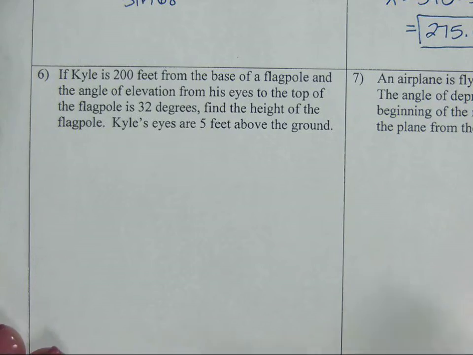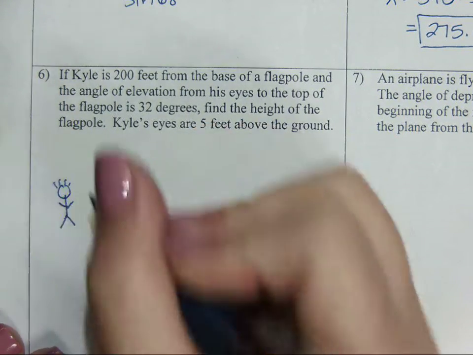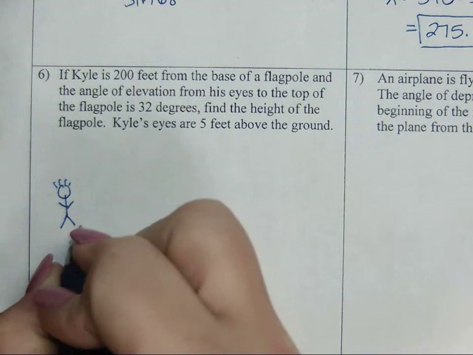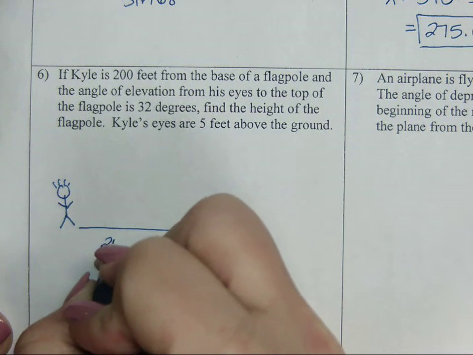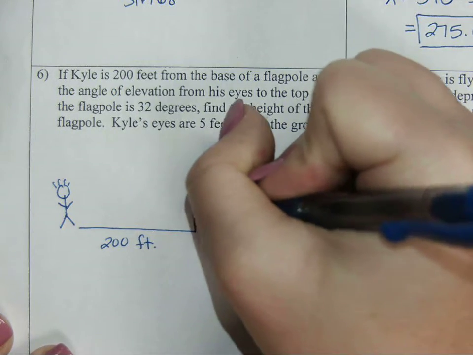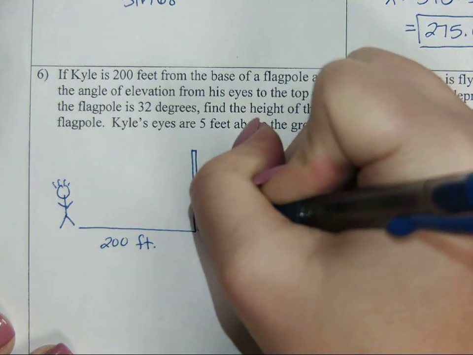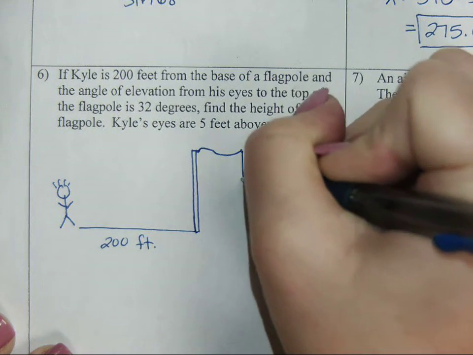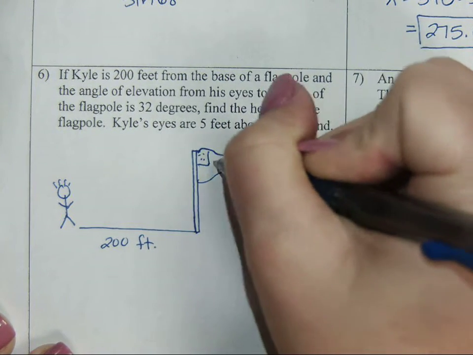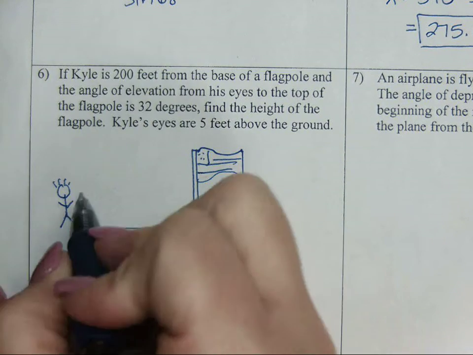All right, so Kyle. Let's draw Kyle. I don't know what's going on with Kyle, but there's Kyle. He's 200 feet from the base of a flagpole. The angle of elevation from his eyes to the top of the flagpole is 32 degrees.